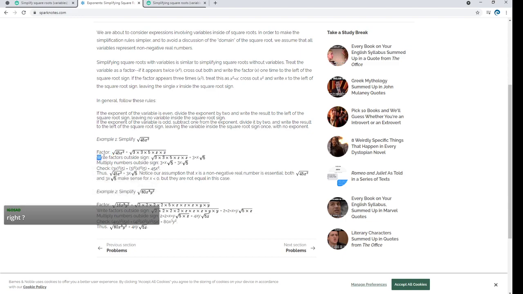Right factors outside of the sign. So that's 3 times, I can see how using the x as the multiplier becomes very ridiculous here. This one's not a great example because it goes back to x squared.